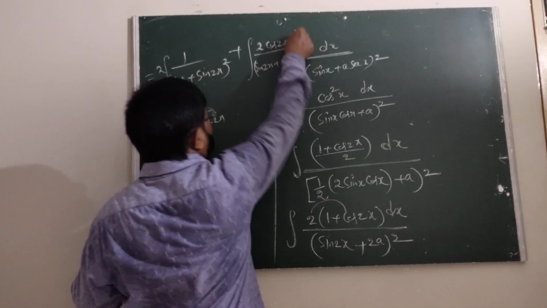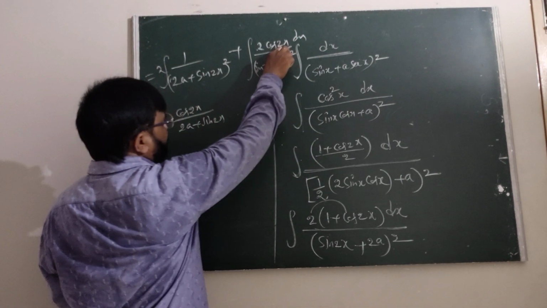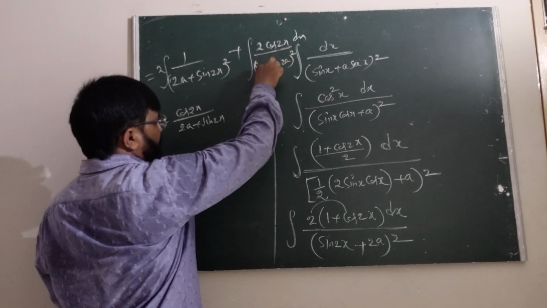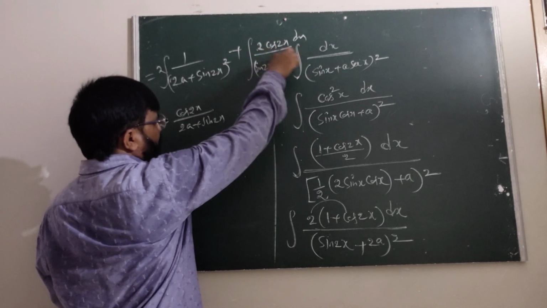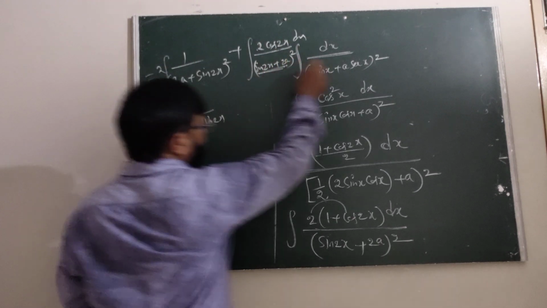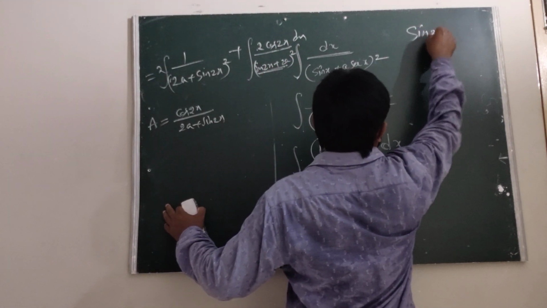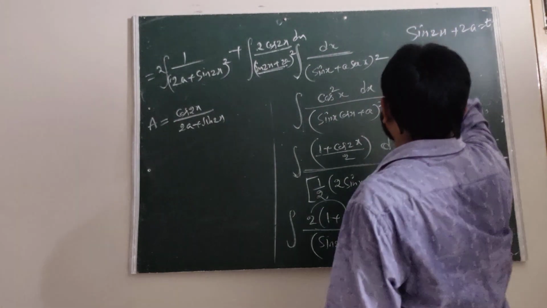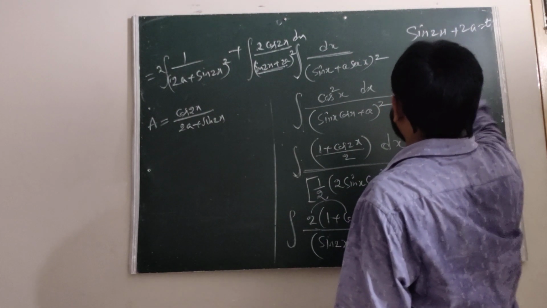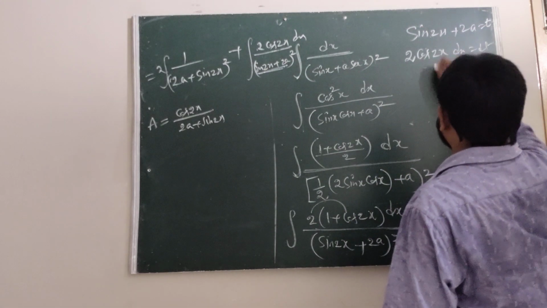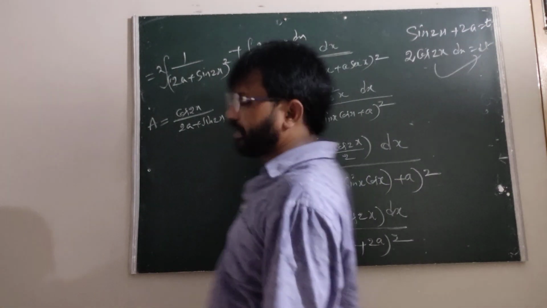The derivative of sin 2x is cos 2x, the derivative of 2x is 2, and the derivative of 2a is 0. When we take sin 2x plus 2a equal to t, the derivative gives cos 2x into 2 dx equal to dt. Therefore dt by t square.